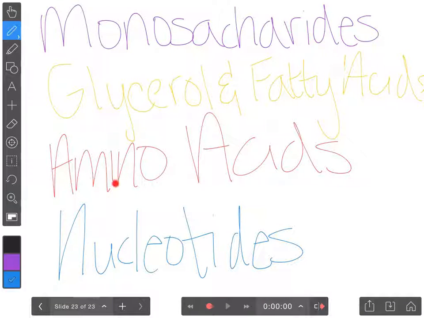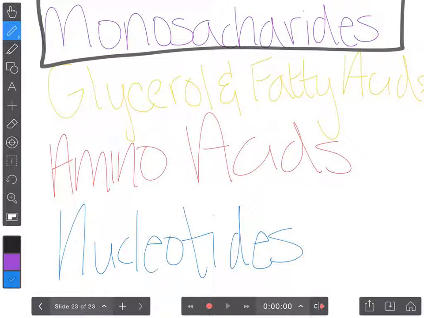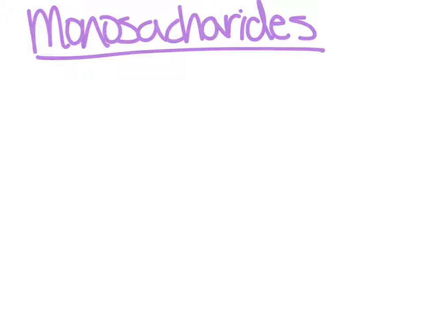Since we know that each of our macromolecules has at least one monomer, let us find out which macromolecule has monosaccharides as its monomer. To find out, we first need to break down our word.